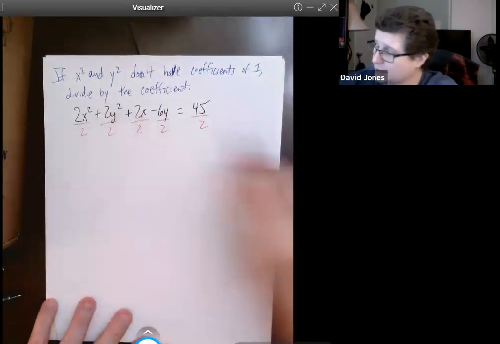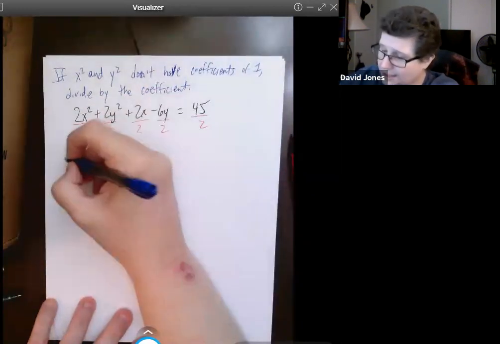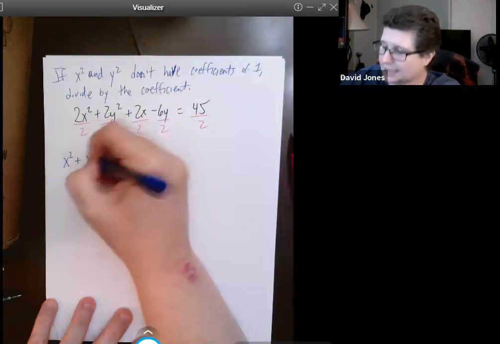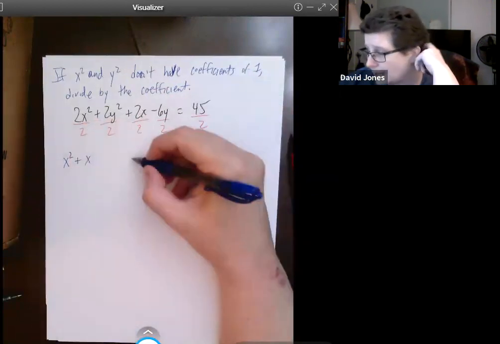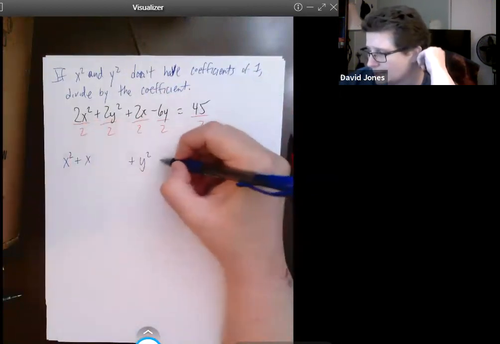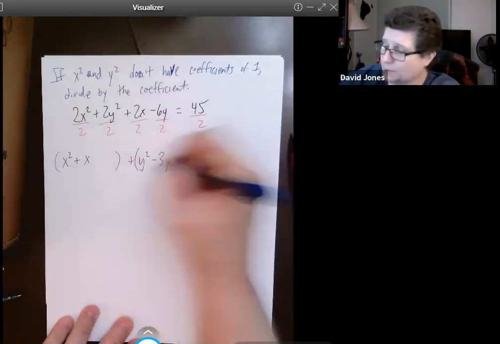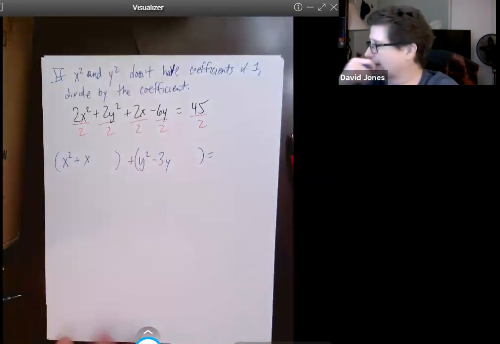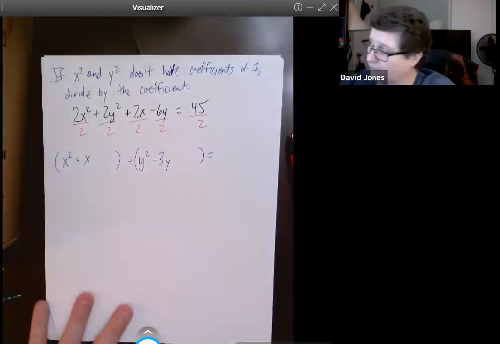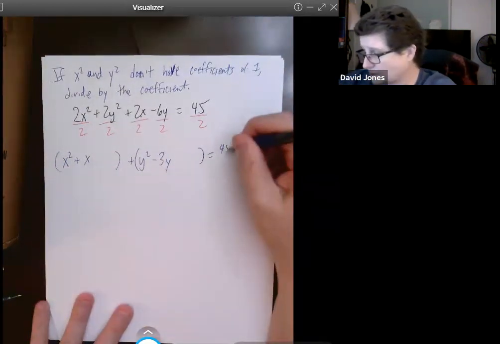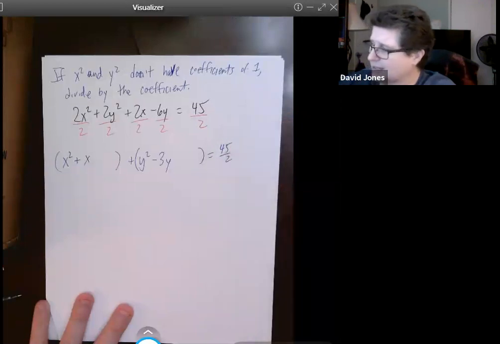This becomes, and I'm going to rearrange it to put the x's together, x squared plus x, and y squared minus 3y, equals 45 over 2. I'm going to leave it as a fraction.